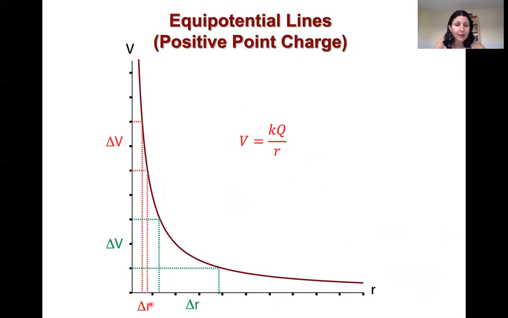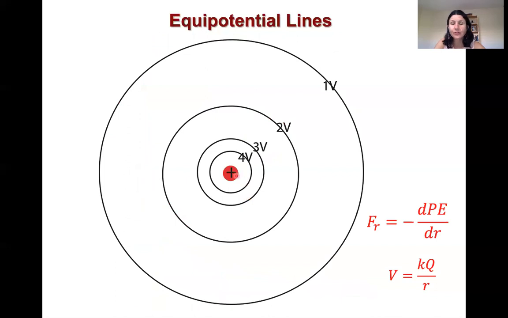Kind of like if we go back here, delta r is very small to have that same change in voltage when r is small. r is small when we're close to the charge. As we get farther away from the charge, to have that same change in voltage, that represents a much bigger change in r. So you can see that these circles get farther and farther apart as we go away from the charge.